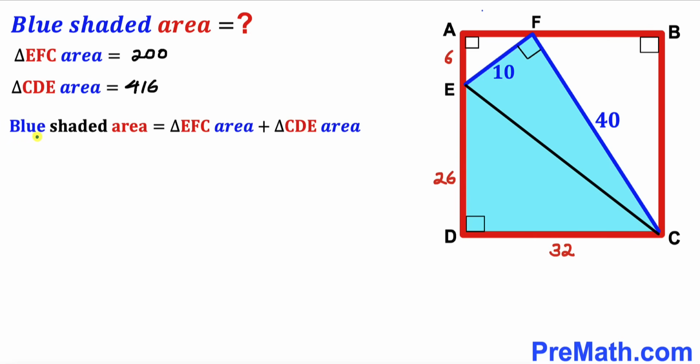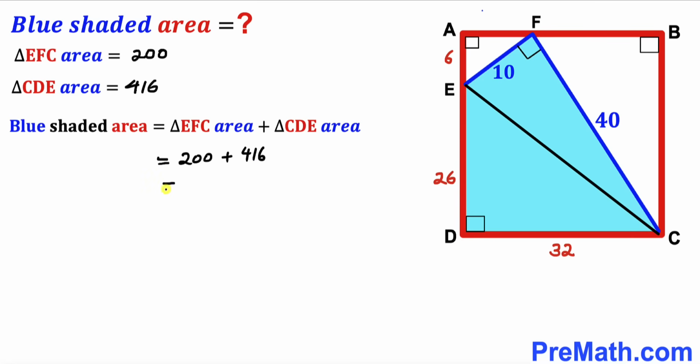And here's our final step. Now we are going to calculate the area of this blue shaded region. We already figured out our triangle EFC area as 200 and the triangle CDE area as 416. Let's go ahead and fill in the blanks. So we got 200 plus 416.